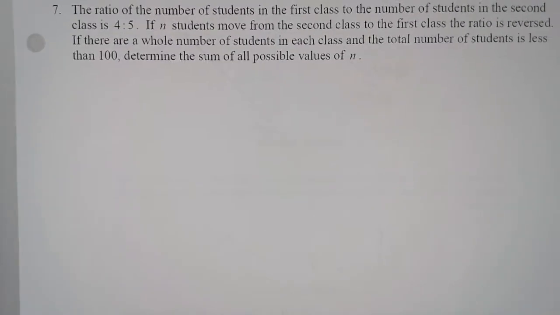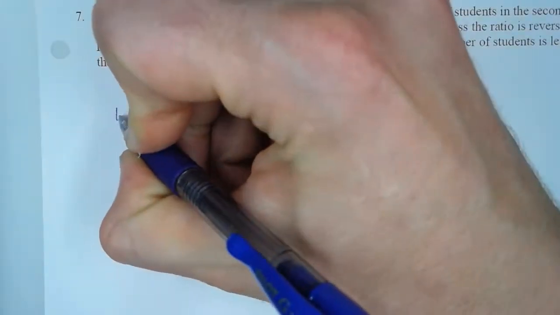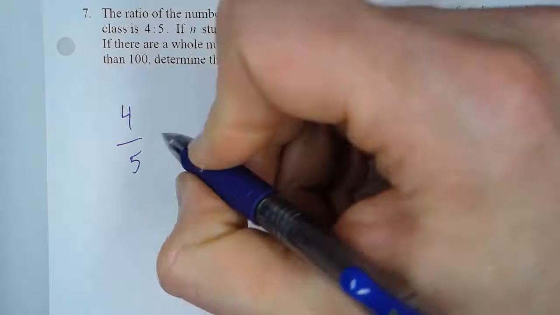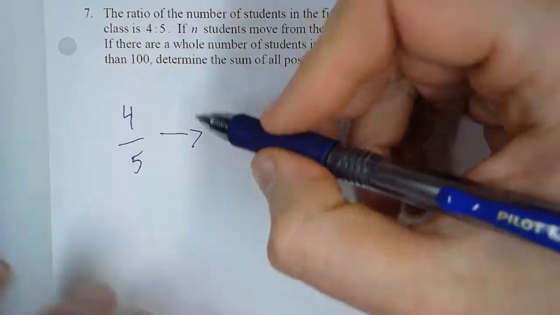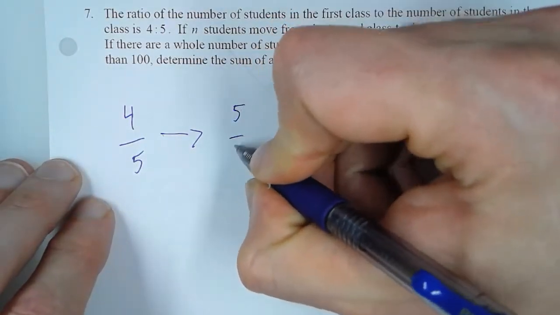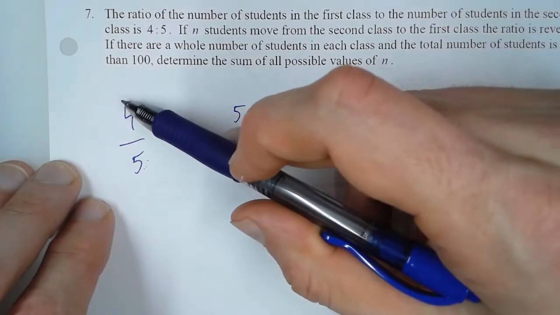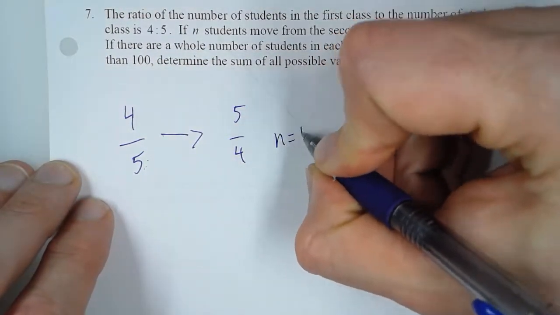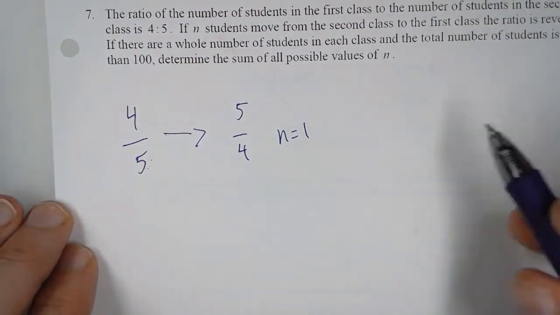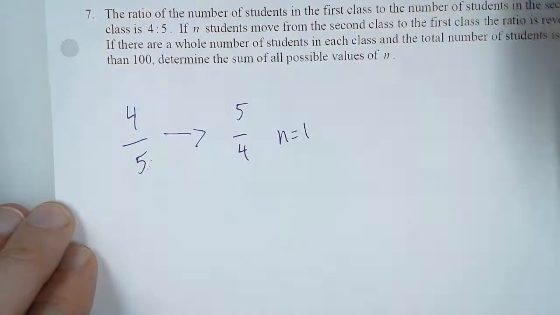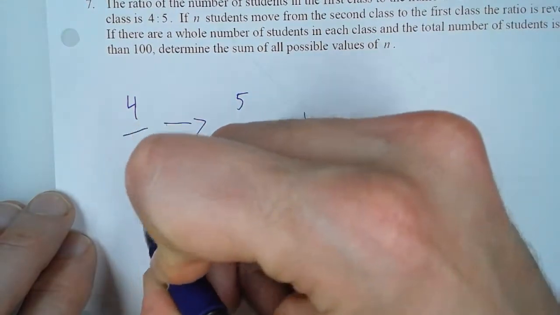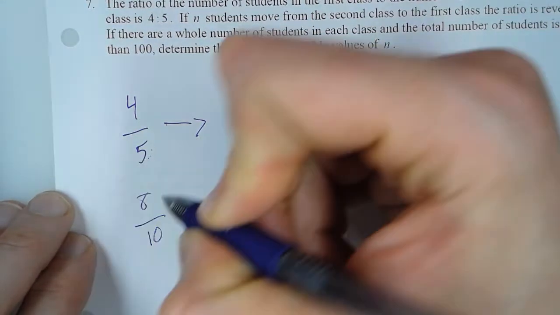Okay, so let's assume at the start that there's just 4 and 5 students. Now what happens? Well, in order for that to switch, the ratio would have to become 5 to 4. So how many students from the second class would have to move to the first? That would be 1. So now, keeping with the 4 to 5 ratio, what if there were 8 and 10?